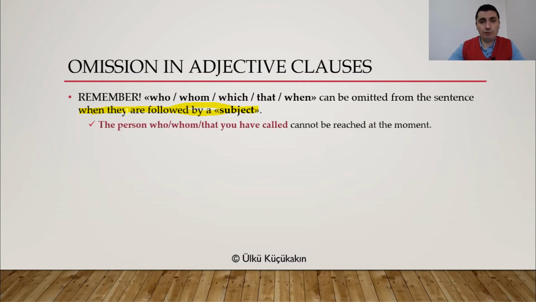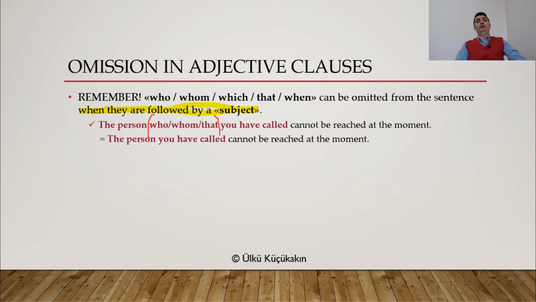Now I will give you some examples and then continue with the next part because we covered this in great detail, like I said. The person who you have called, whom you have called, that you have called, cannot be reached at the moment. Here, who, whom, and that can be omitted, and then you have: the person you have called cannot be reached at the moment.